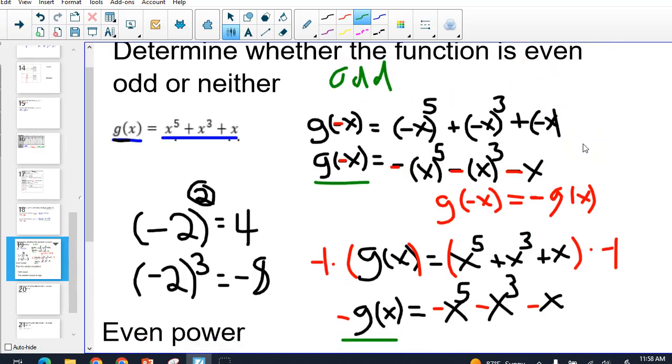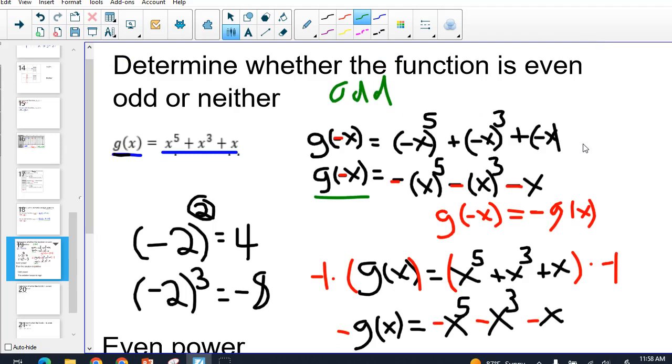So what we need to do when we're trying to figure out if a function is odd or even is plug in -x instead of x, and then we look at what that does to the equation. In this case, it changed all of the signs to a negative. So that's the same thing as our -1 times g of x, or negative g of x.